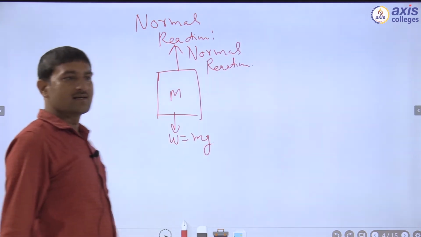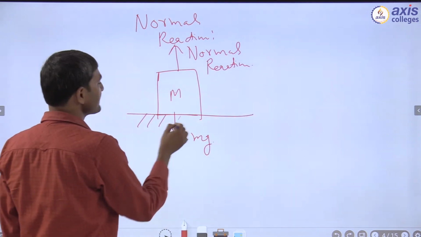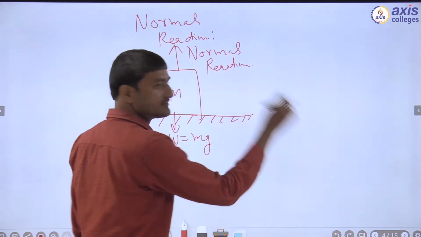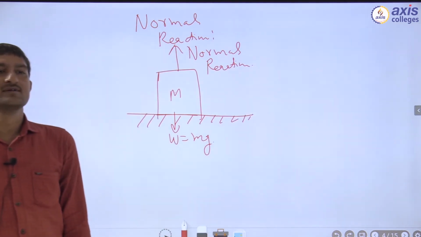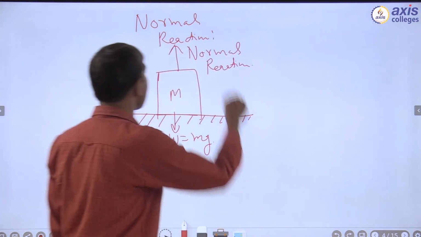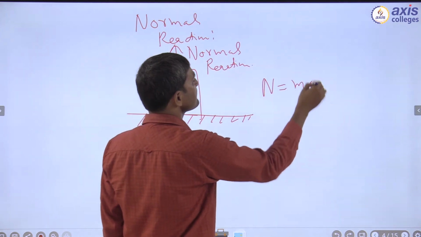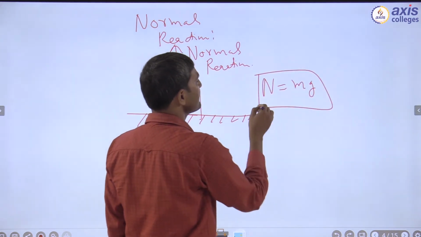Now it's very clear. If someone is standing on the floor, he or she feels their weight due to the normal reaction. So here, in this case, normal reaction is equal to the weight of the object.